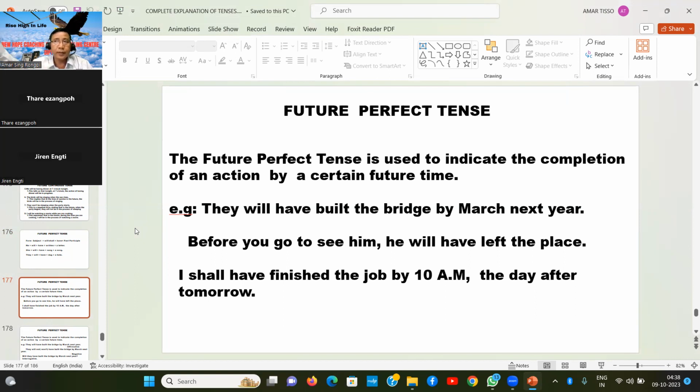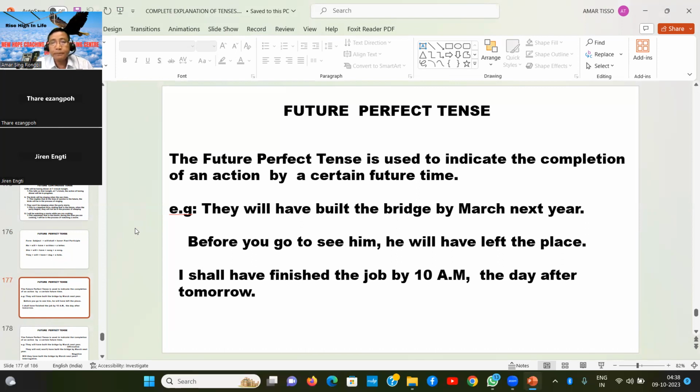We don't know exactly, but at a particular point in the future, the action will be completed. When the work will be done, completed in the future, for that action we use the future perfect tense.